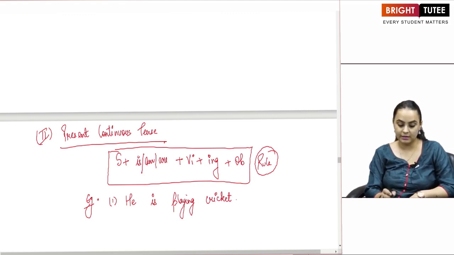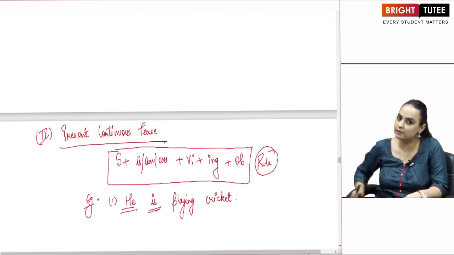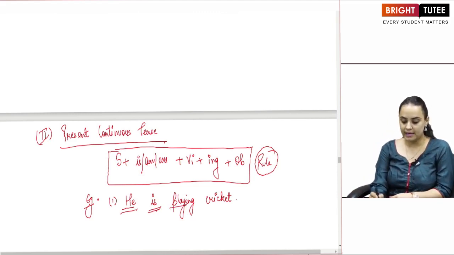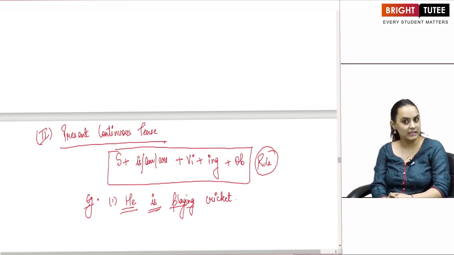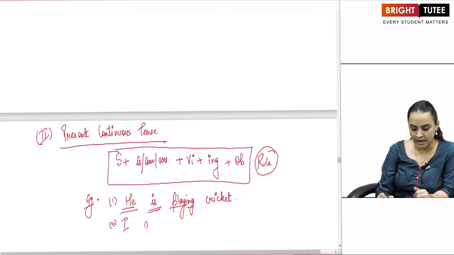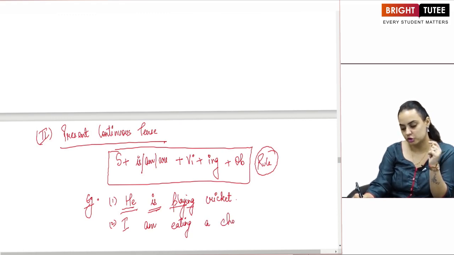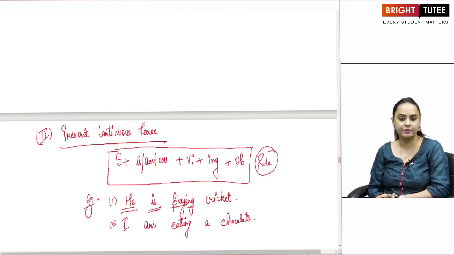Now, this is something we know that with he, which is a singular subject, I am always going to use is, which is a singular verb. So, he is, play is the first form of the verb plus ing, so playing cricket. If I give you another example, I am eating a chocolate. Again, this is something we all know.